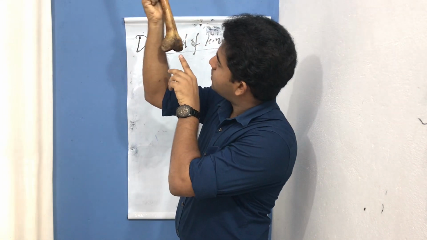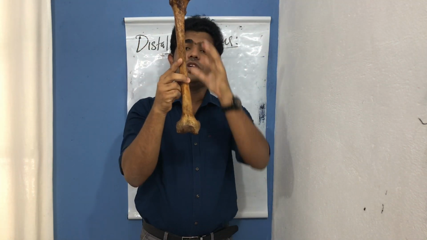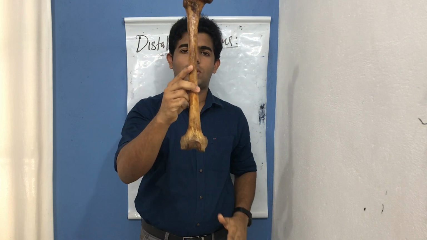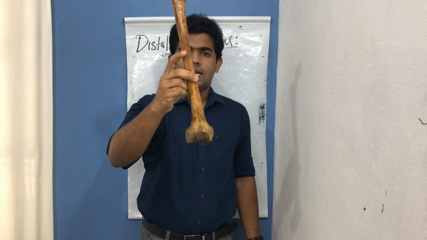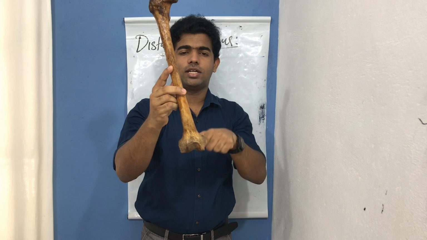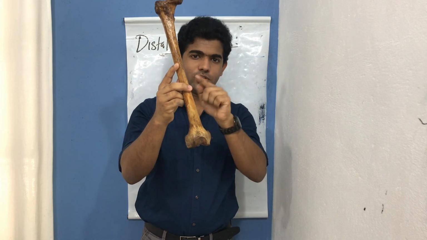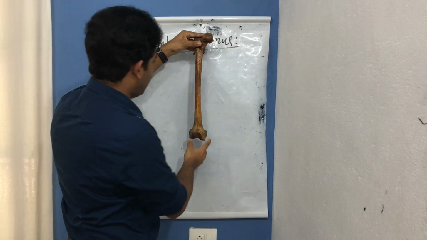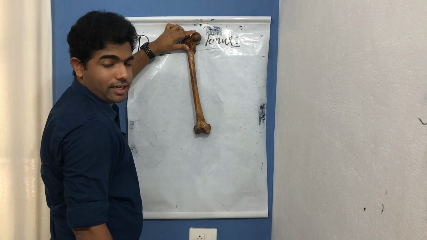But of course, it's not much visible, because the femur always has an oblique orientation. See this one, it has an oblique orientation. The femur is not straight, it is oriented obliquely. We studied the angle of inclination, the longitudinal axis of the shaft of the femur, etc. in the hip complex. If you have doubts, just look back at that. This is the orientation of the femur, slightly oblique.